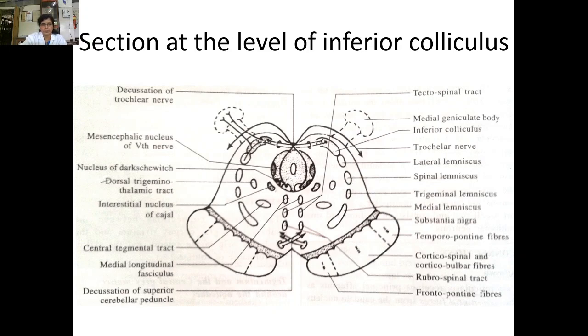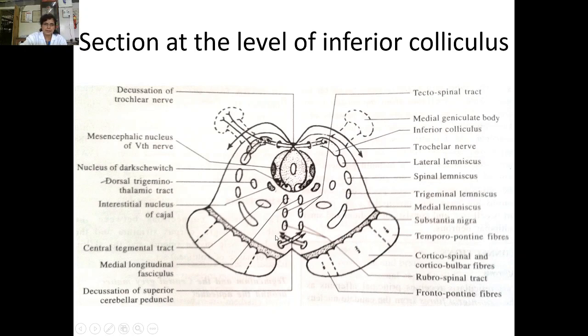These fibers ascend upward and medially, and then cross in the median plane, and after crossing they ascend upward and terminate in the red nucleus and the thalamus, and some descend and terminate in the reticular formation and the inferior olivary nucleus in the medulla.